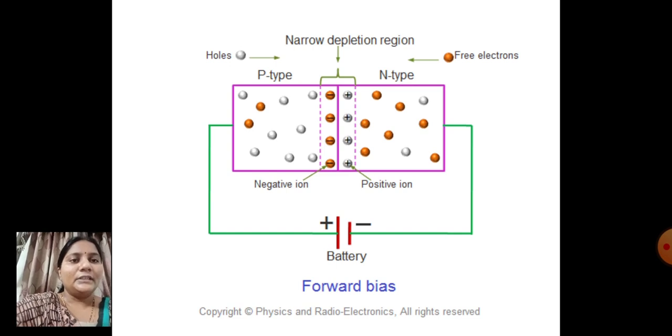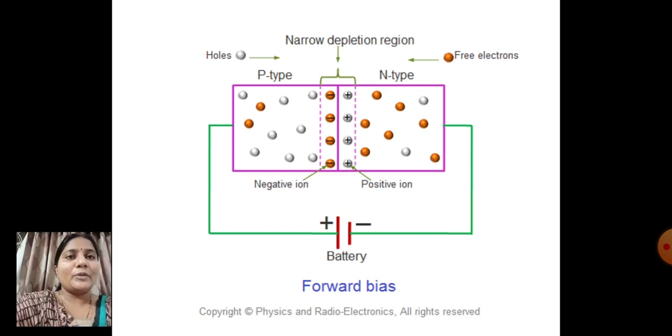Now I am connecting a positive supply from the battery to the p-type semiconducting material, and we already know that positive repels positive, and negative attracts. Now in the p-type semiconductor, holes are the positive charge carriers and electrons are the negative charge carriers.